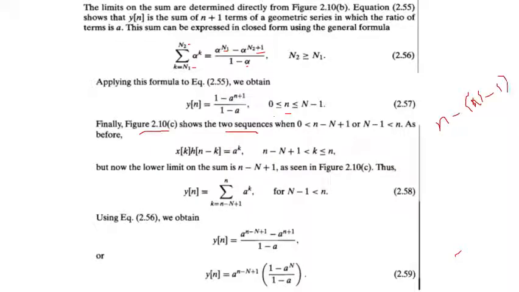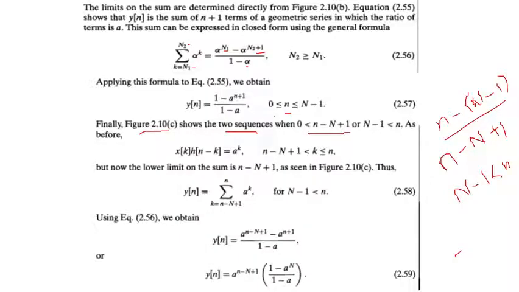This was our one point. If I simplify, this will become n minus n plus 1. So when 0 is less than this, or we can say that n minus 1 is less than n.